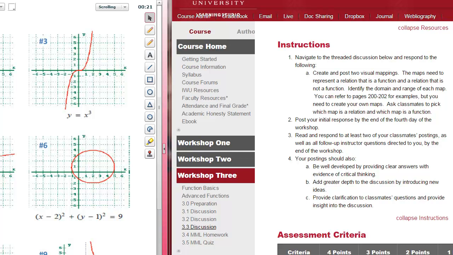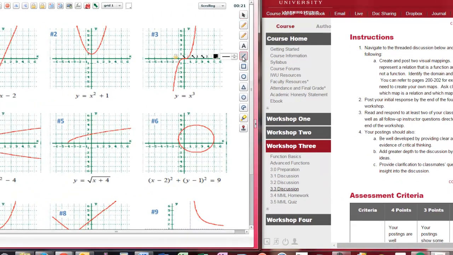So in order to be a function, it has to pass the vertical line test. So look at the vertical line. As I go to draw vertical lines through this graph here, no matter where I draw a vertical line, it will only pass through the graph once.